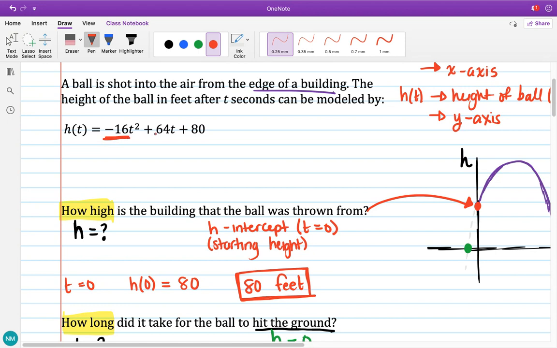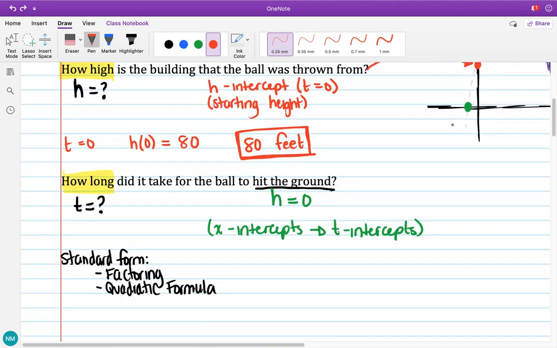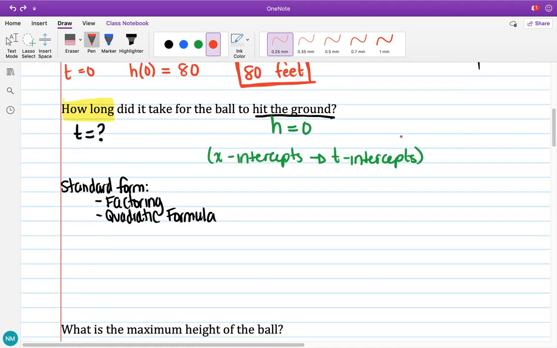Negative 16 is a GCF because 64 and 80 are both divisible by 16. However, sometimes it will not be as pretty and you have to use the quadratic formula, but it does get annoying. Trust me. So I'm going to do factoring by taking out the GCF.